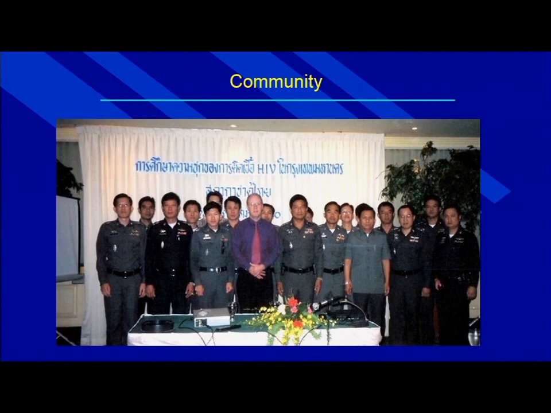The person in the middle there with the tie, that's myself, and I'm surrounded by my friends from the Bangkok police force that we involved in our research as well, because we were going out recruiting people at venues around town, and we wanted to avoid that some of my field workers would be arrested for whatever reason, hanging around late at night, or giving out condoms and telling people how to avoid HIV, etc. So we had many of these different meetings with different people, and clearly this is a group of gatekeepers that you would want to involve in your work.